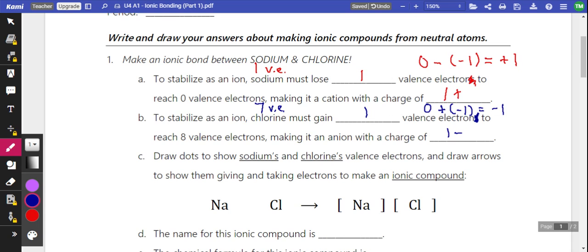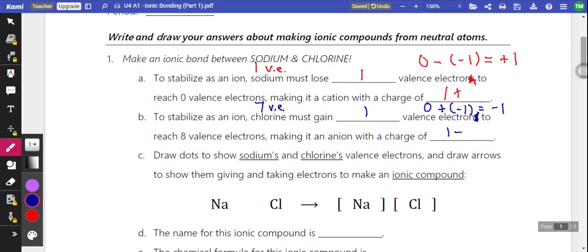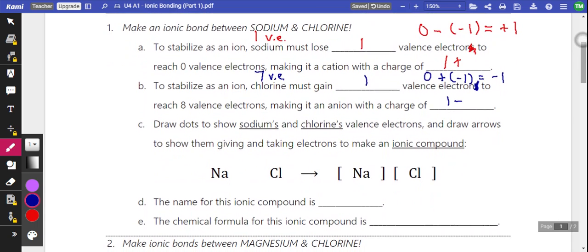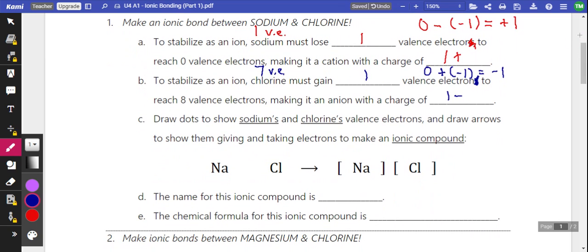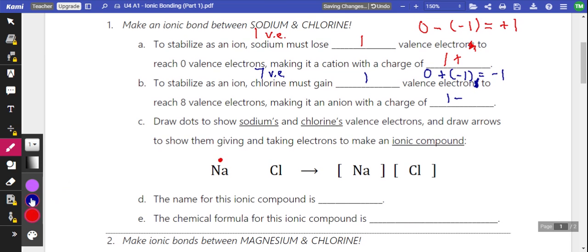Now, it might be a little bit easier to show this than to write it. So let's go down here. We're going to do Lewis dot diagrams to show how sodium and chlorine start and end, and how we end up making an attraction between these. We end up making a new substance out of these ions. So sodium's got 1 valence electron right here.